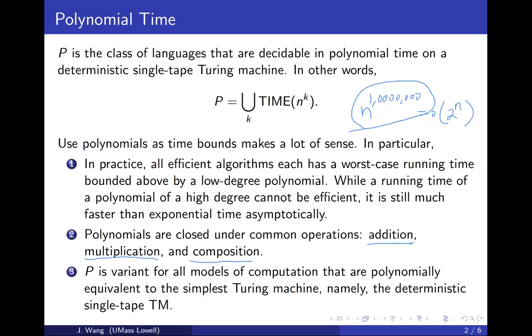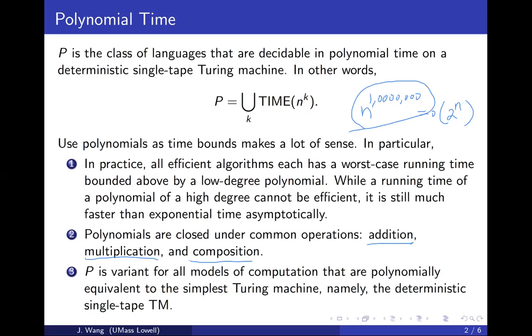And P is invariant. So this class P is the set of all languages that can be computed by a deterministic decider in polynomial time, which is just this.